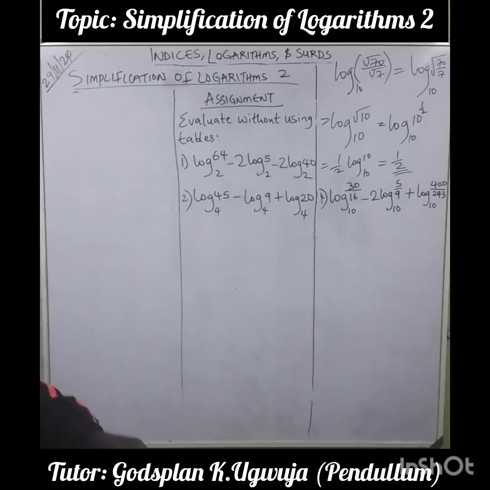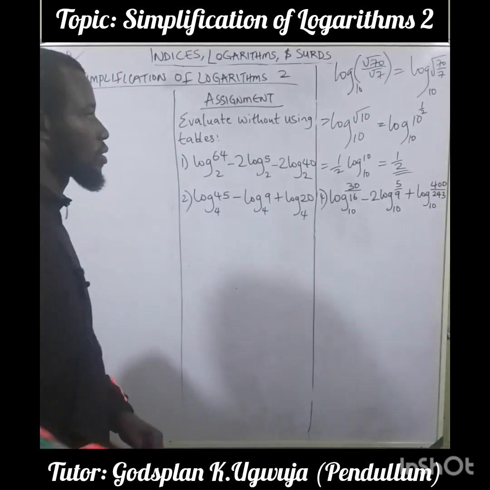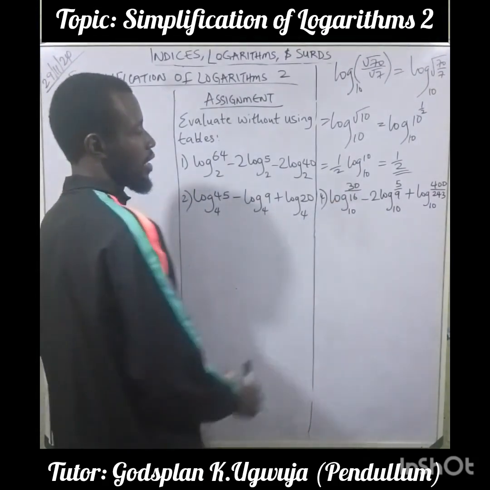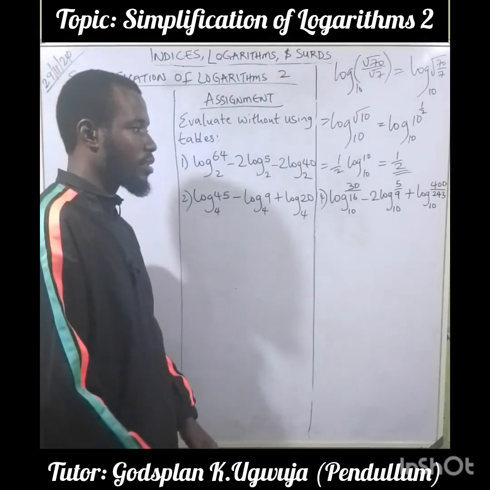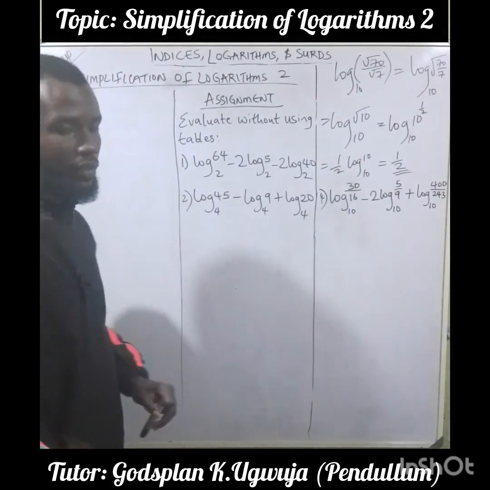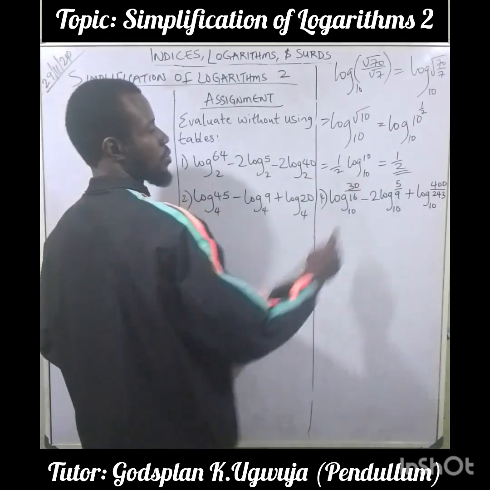So I decided to add one more question so that we'll try it out. So we are asked to solve log 30 over 16 base 10 minus 2 log 5 over 9 base 10 plus log 400 over 243 base 10. Now first thing, let's take these two up.